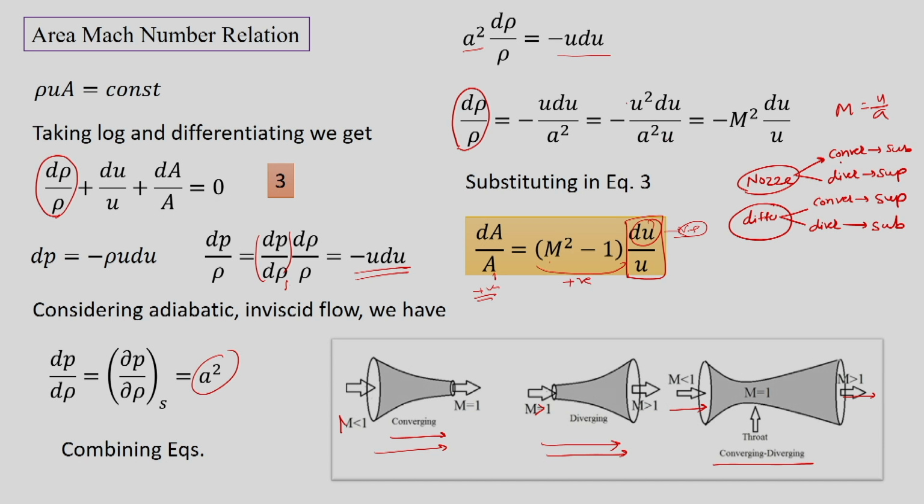In a nozzle, velocity increases and pressure decreases, and in a diffuser, pressure increases and velocity decreases. So, a converging section for subsonic flow acts as a nozzle, a diverging portion for supersonic flow acts as a nozzle, a converging portion for supersonic flow acts as a diffuser, and a diverging portion for subsonic flow acts as a diffuser.